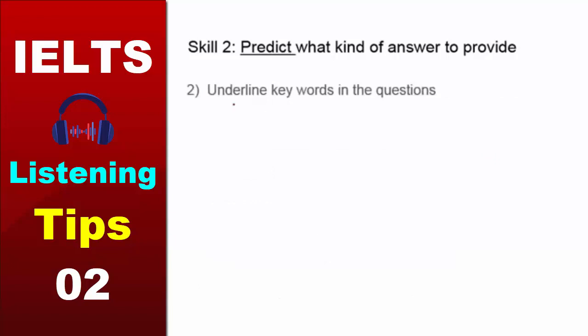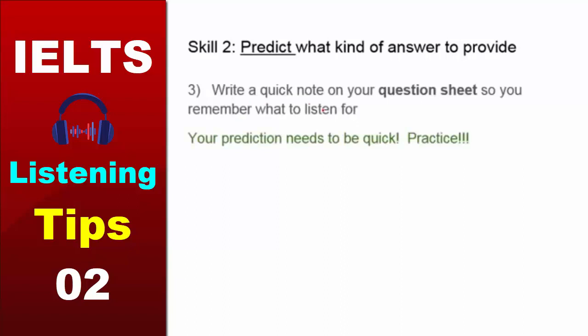Secondly, if you have time, underline some of the key words in the questions to help you remember what you're supposed to listen for. The third thing, write a quick note on your question sheet so you remember what to listen for. If it's helpful to you, write a note, say, okay, I'm listening for a type of restaurant or a person's name.